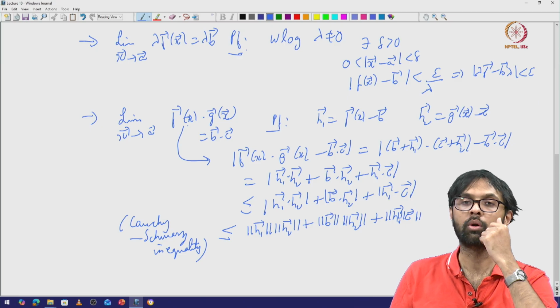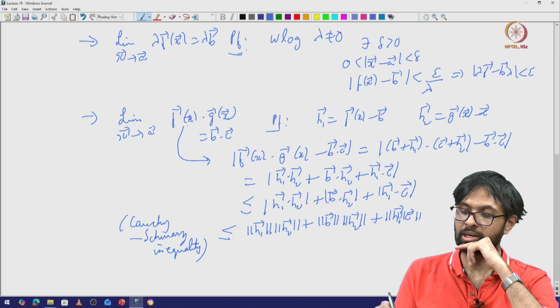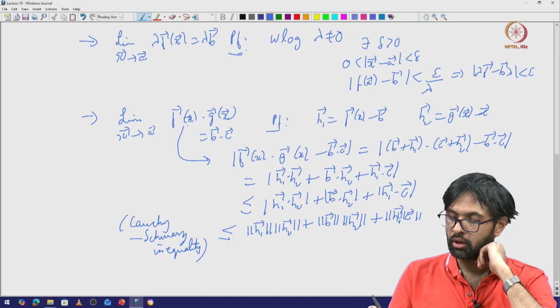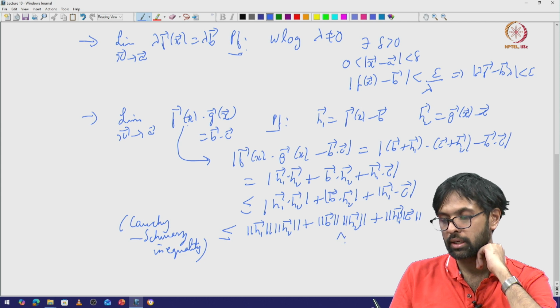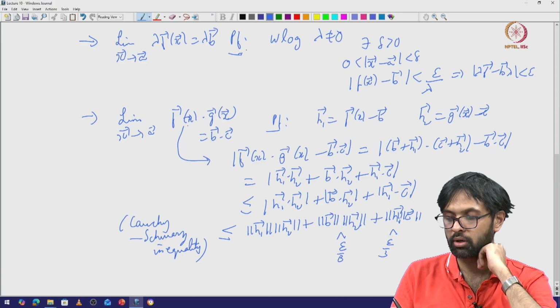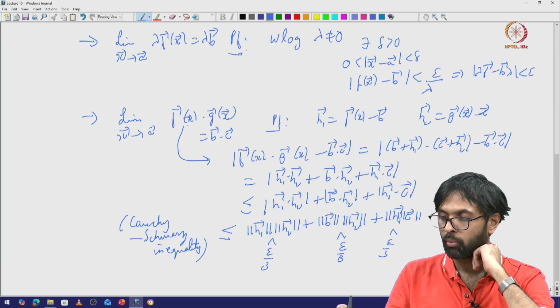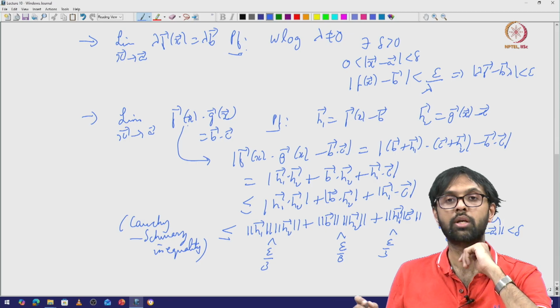Right. Now what do we want? We want the sum of these three to be less than epsilon. Individually, we can arrange this to be less than epsilon divided by 3, this to be less than epsilon divided by 3, and this to be less than epsilon divided by 3 whenever x is very close to a. How can we do this, right?